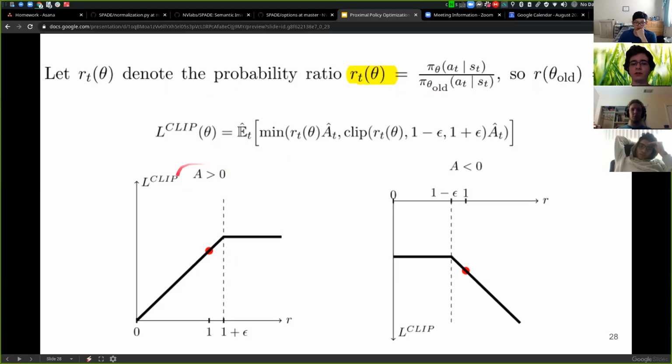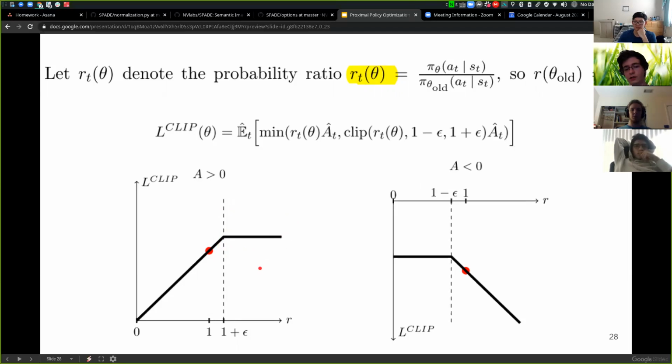If it is really a much better action, then you don't want to overshoot and make your gradient too big, because this will happen eventually. If you don't clip the gradient, you will just fall off the hill. So instead, you will make a step that's bounded with some value.